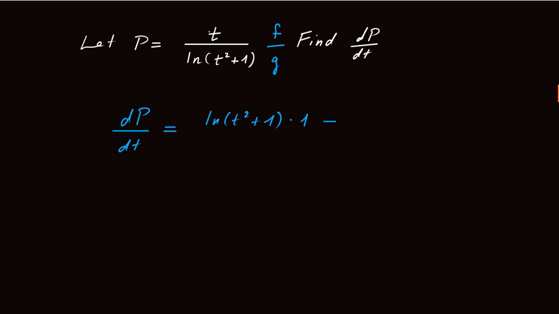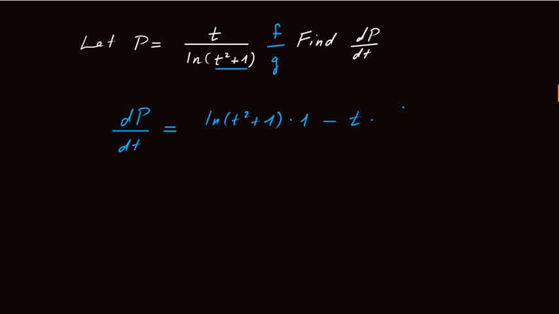Now I have to take t, that's my f. Now I'm going to take g prime. What's the derivative of g? Well, it's complicated because it's a composition of t squared plus 1 and ln. So I'm going to use the chain rule. So I have an inside function t squared plus 1, and then I have an outside function ln.